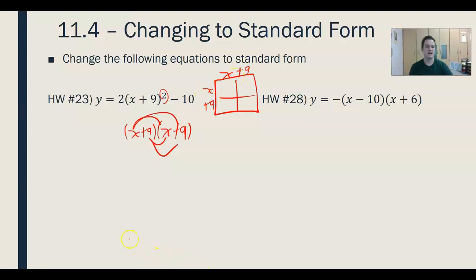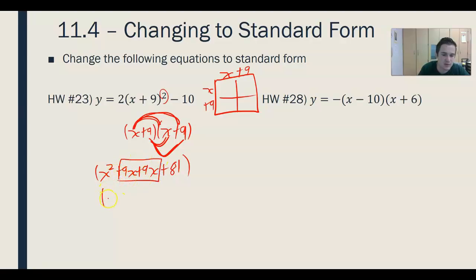So x plus 9 times x plus 9 is x squared plus 9x plus 9x plus 81. X squared, 9x, 9x, 81. Which simplifies when I combine these like terms to x squared plus 18x plus 81. Okay, so this right here turns into this right here. So I have 2 times that minus 10.